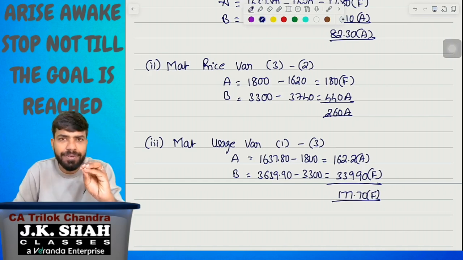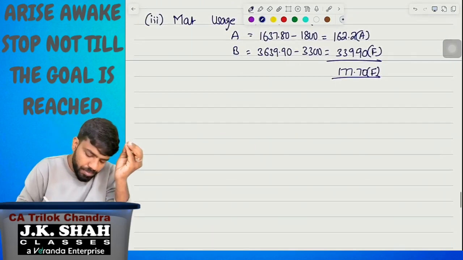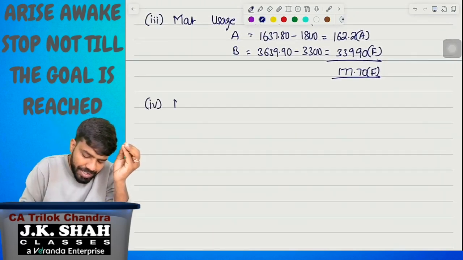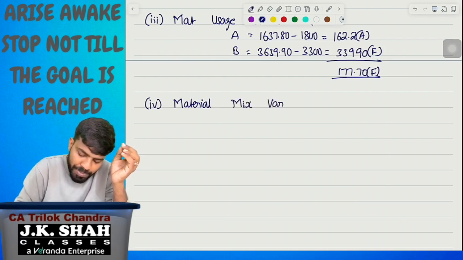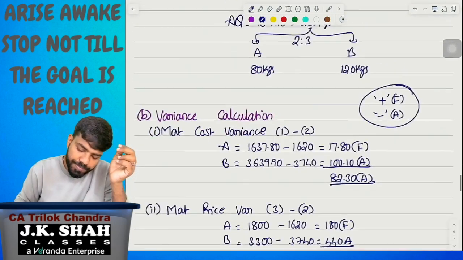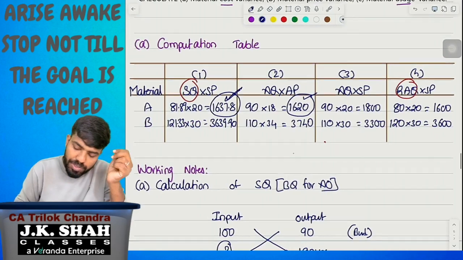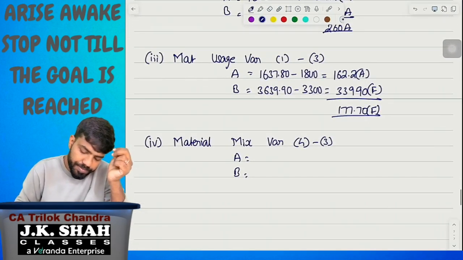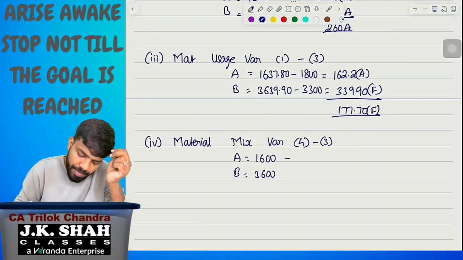Are you understanding? Okay, now Roman number 4, material mix variance. 4 minus 3, A, B. Fourth column, 1600, 3600, minus third column, which is already here, 1800, 3300.